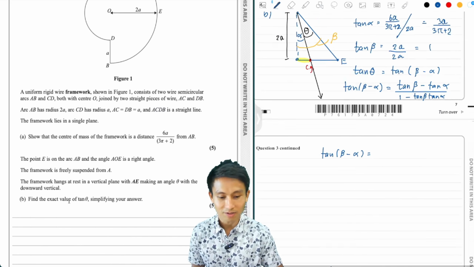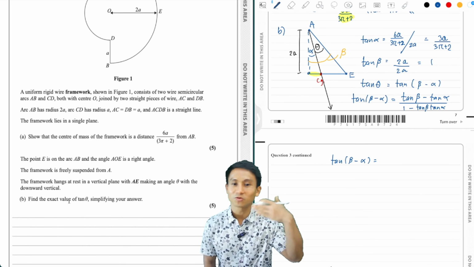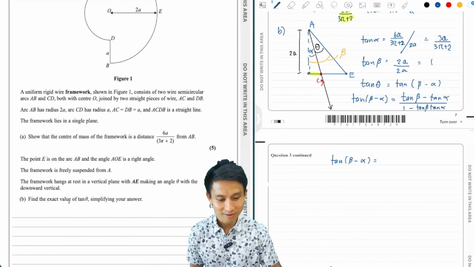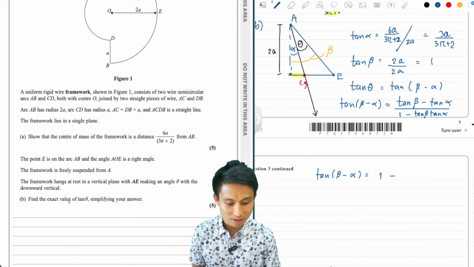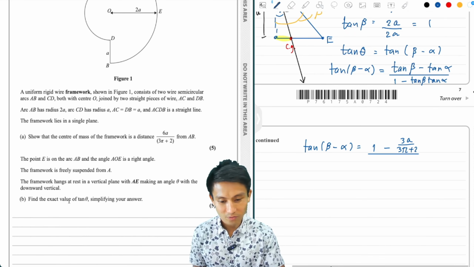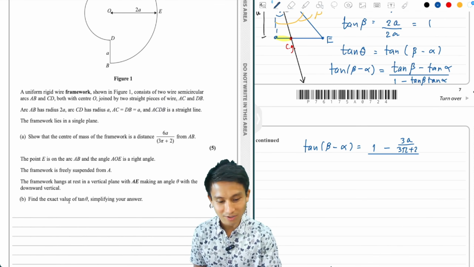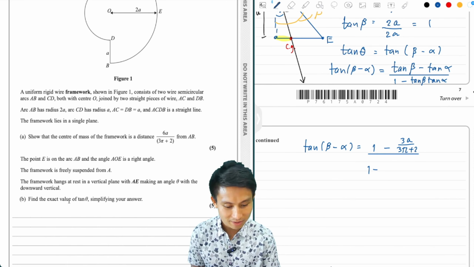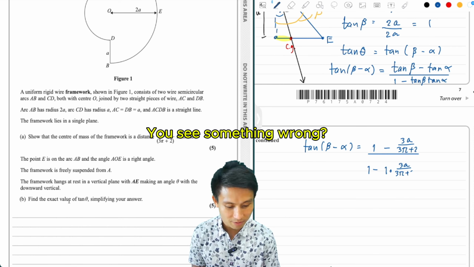So that's the hard part. It's just for you to recognize that you can use this. So tan beta, we already found, is 1. Tan alpha is just the whole thing there. We got everything we need. So this is 1 minus tan beta, which is still 1, and then tan alpha was 3A over 3 pi plus 2, like that.